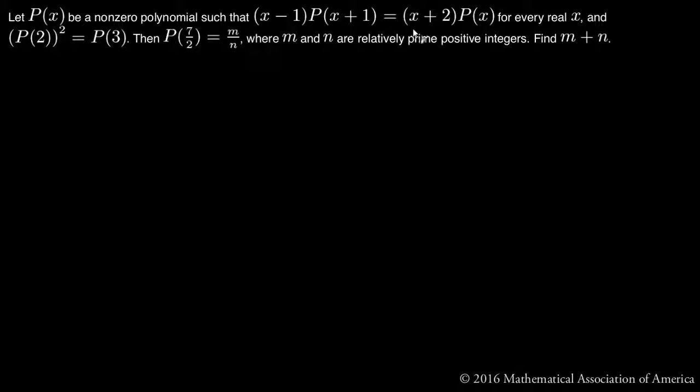zeros of that using this equation. So for instance, when I put in x equals 1 into this, I'll get 1 minus 1 times p of 2 equals 1 plus 2 times p of 1. This is, of course, 0, so p of 1 equals 0.